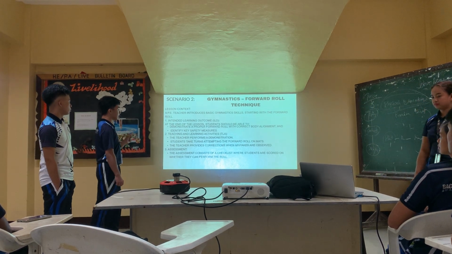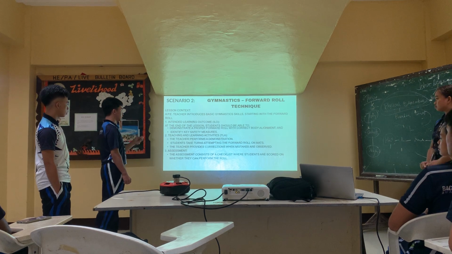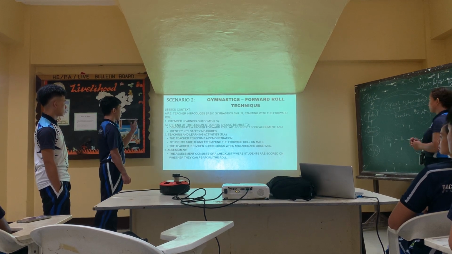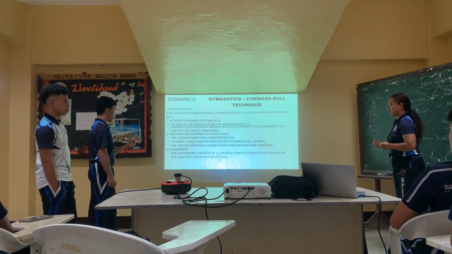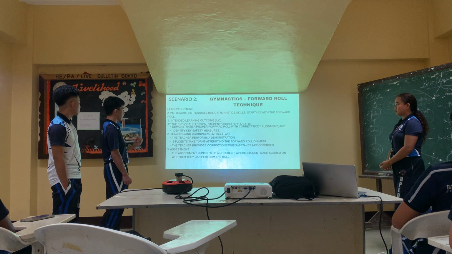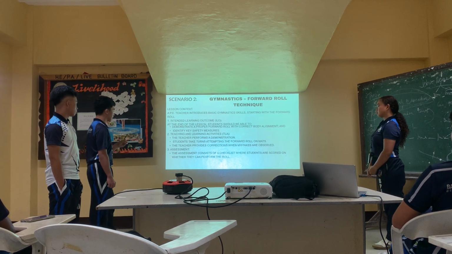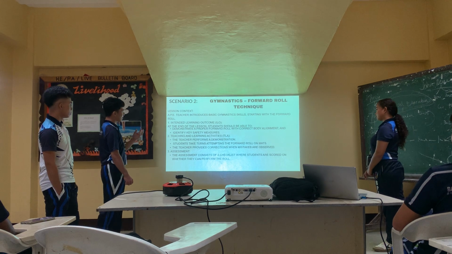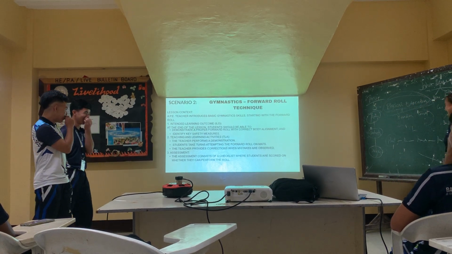For the activities, the teacher performs a demonstration of the forward roll, and then the students take turns applying the forward roll on mats, and lastly, the teacher provides corrections when mistakes are observed. The assessment consists of a checklist where students are scored on whether they can perform the roll.